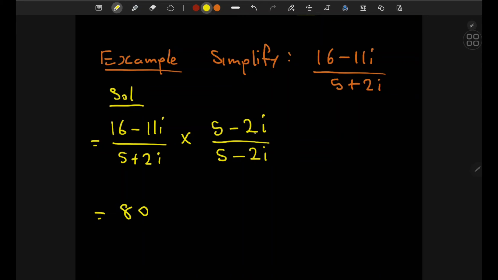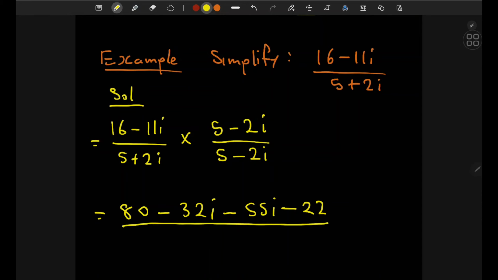Then 16 by negative 2i, we'll have negative 32i. Then negative 11i by 5, we'll have negative 55i. Then negative 11i multiplied with negative 2i will give us 22, because negative 11 by negative 2 is positive 22. But i multiplied with i will give us a negative 1.